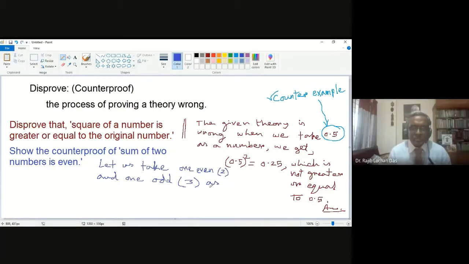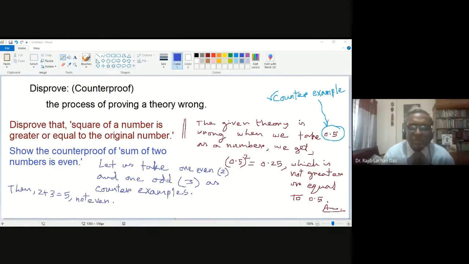If we take one even number and one odd number as counter examples, then 2 plus 3 is 5, which is not an even number. So you can say the counter proof is given, or disprove done.